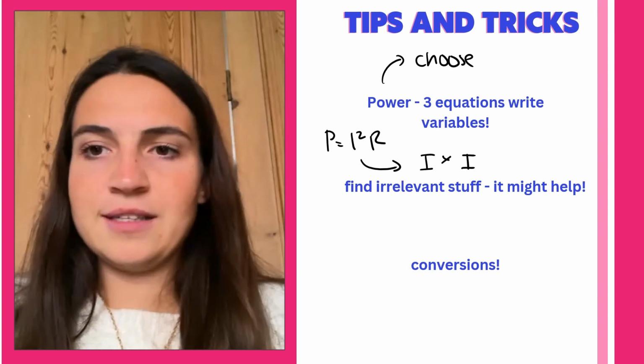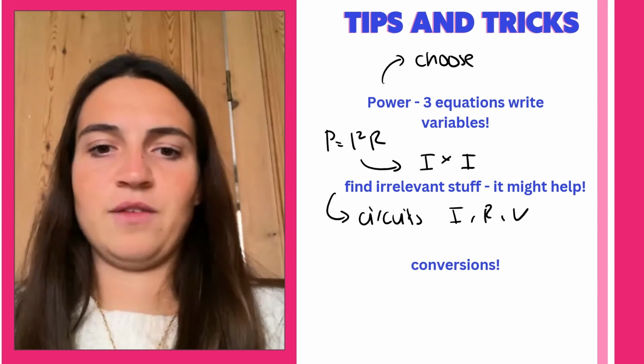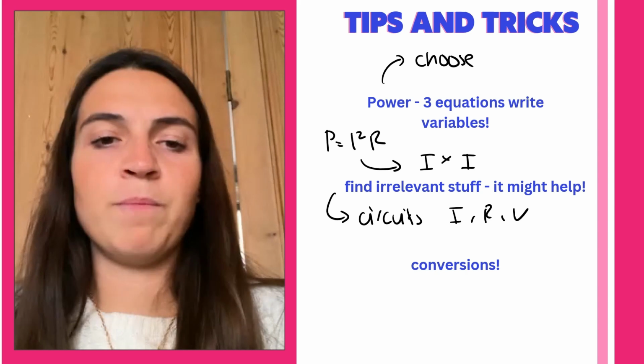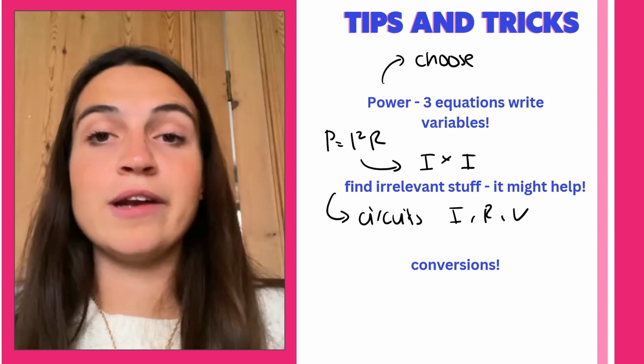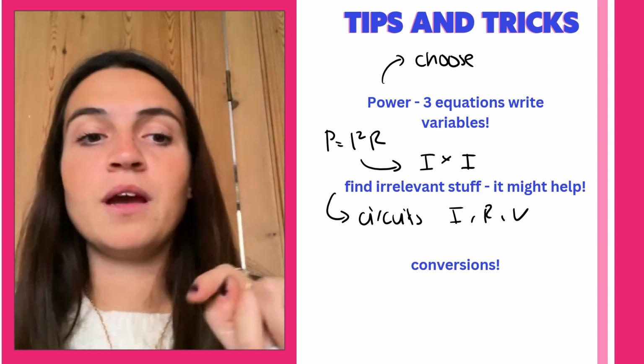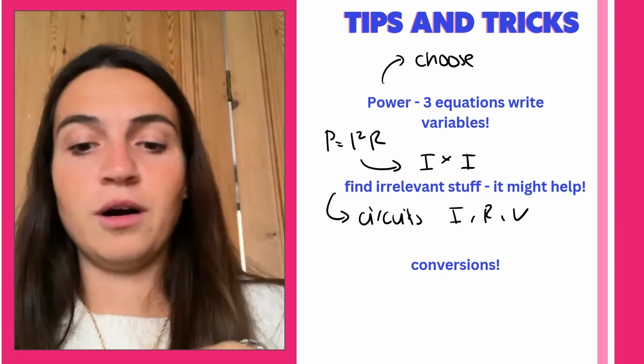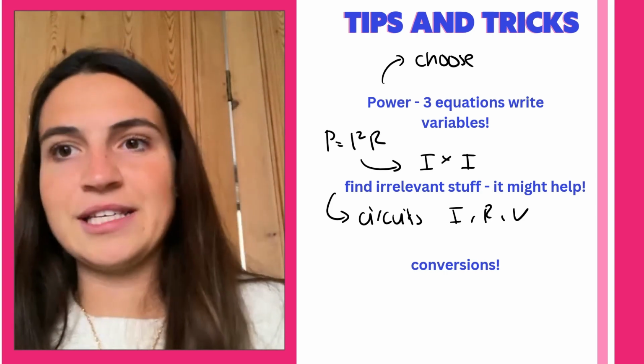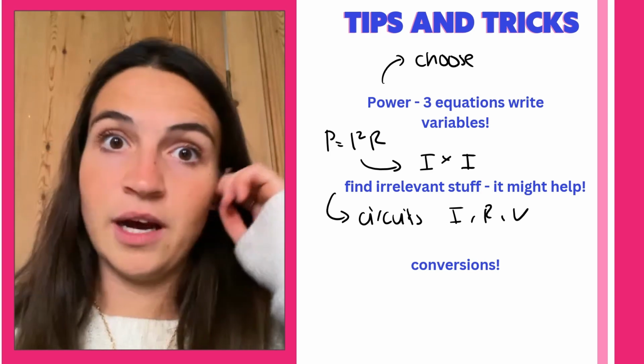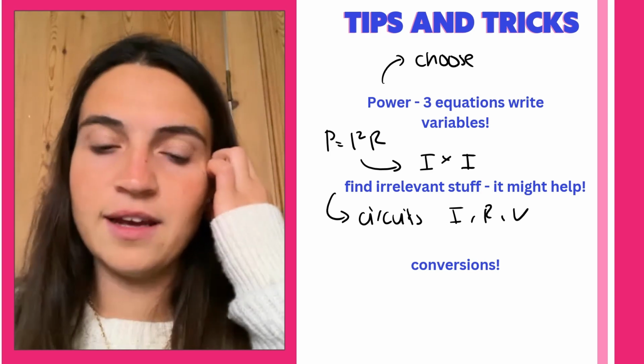I've actually accidentally written, there we go, circuits, find I, R and V. The thing I wrote above, P is I squared R, I've actually mentioned it in the video already. If you're using that equation I squared R, I would write I times I to just make it less likely in your calculator to make a mistake.